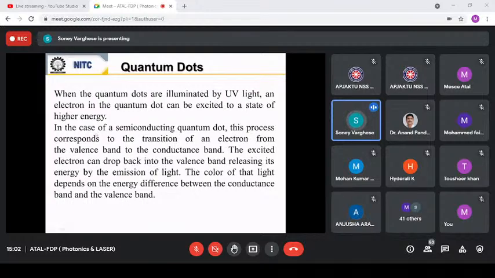Basically the principle is like this: in semiconducting quantum dots, the process corresponds to the transition of an electron from the valence band to the conduction band. The excited electron can drop back to the valence band, releasing its energy by the emission of light. The color of that light depends on the energy difference between the conduction band and the valence band. So basically we are looking at the band gap, right?